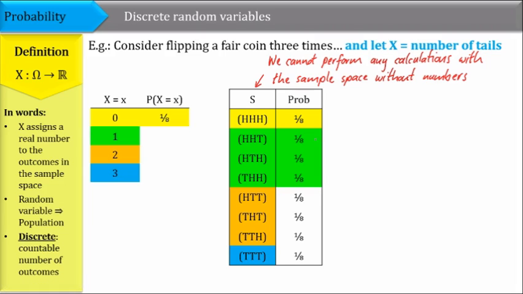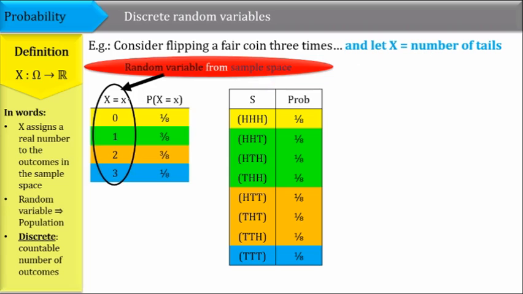The next one has 3 1 over 8s, and we combine those, and that will give us 3 over 8. So 3 over 8 is the probability of getting 1 tail. The same for getting 2 tails. There's 3 outcomes, each one 1 over 8. And then the last one, getting 3 tails, there is one way of that happening. So the probability will only be 1 over 8.